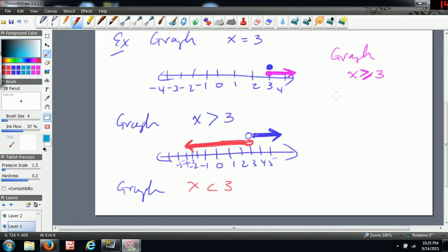So say we had to graph x is less than or equal to 3. Then that one would be, again, fully shaded because of the equal to part, and then everything moving down from that point. So that would be going this way. Okay?